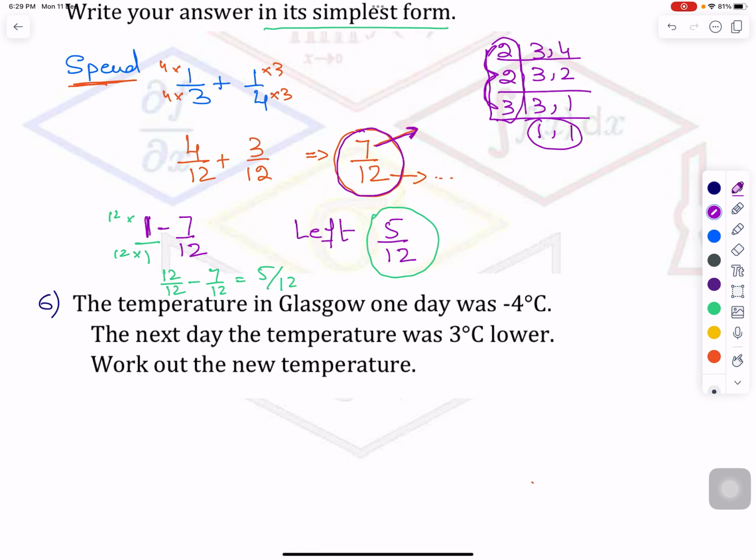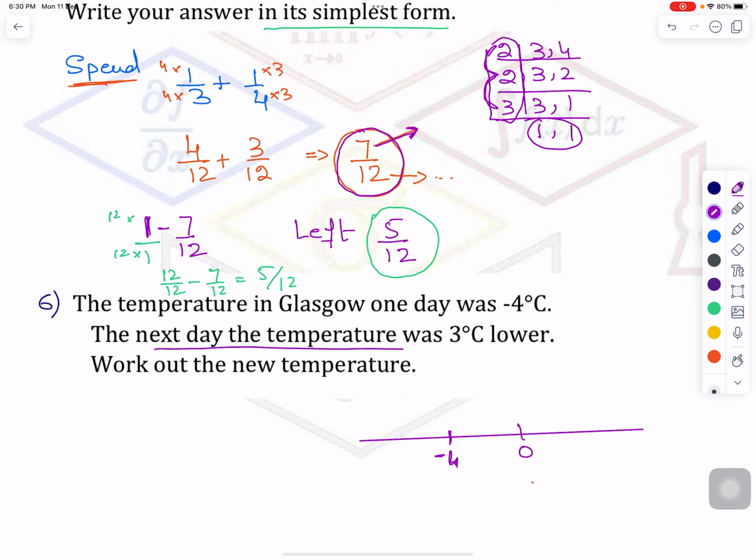Now the last question of this video is about directed numbers. Whenever you are doing directed number questions, I would suggest, or whatever you find convenient, imagine a number line always in your mind. It makes your work very simple. So if the temperature in Glasgow any day is minus 4 degrees centigrade, minus 4 will come here.